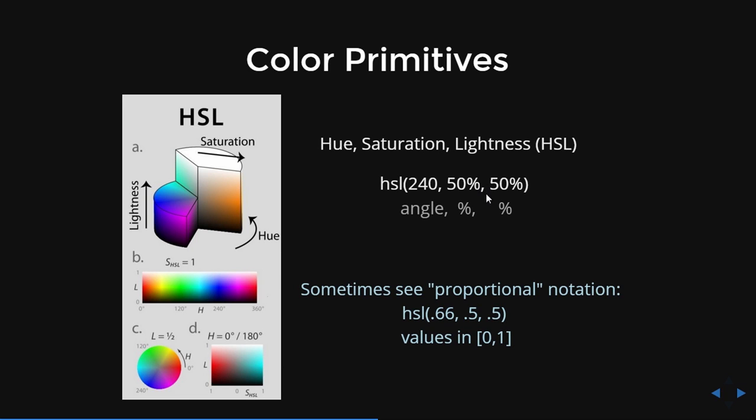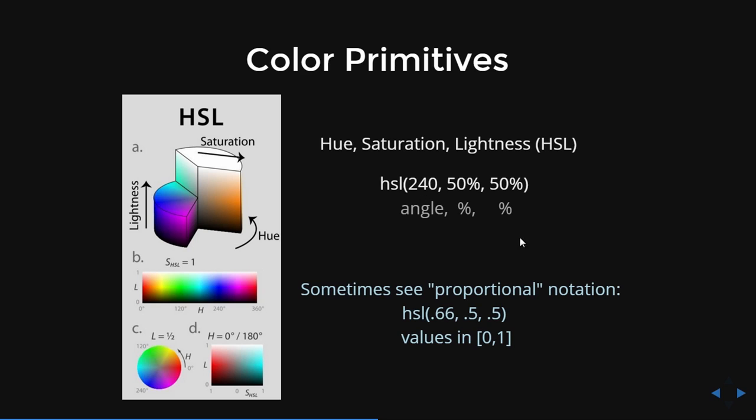You will sometimes see hue, saturation, and lightness expressed in terms of proportional notation. In that notation, they all take on values between 0 and 1. The context when you program will be clear and you'll know which one you have to use. But in both cases, they're expressing the same thing: hue, saturation, and lightness.